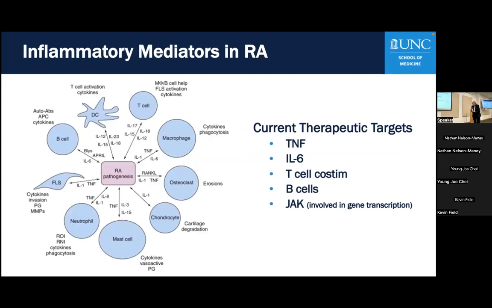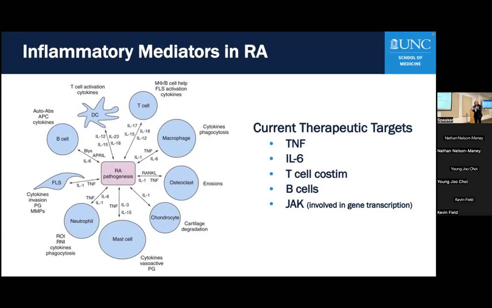So this is to show you these current therapeutic targets that we just mentioned. So for example, our TNF inhibitors act in a number of places in RA pathogenesis. It can act at the level of the macrophage, at the osteoclast, the neutrophil, the fibroblast-like synoviocyte. So you can see there's a redundancy in the immune system.